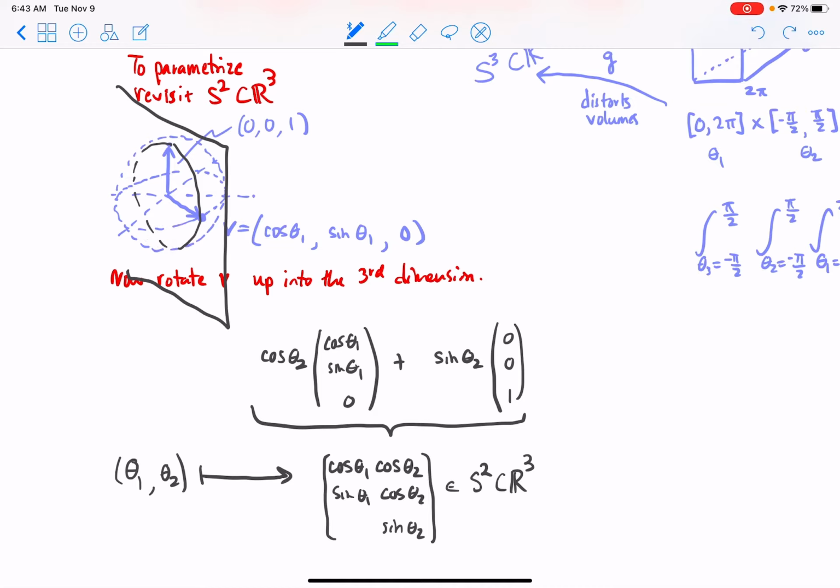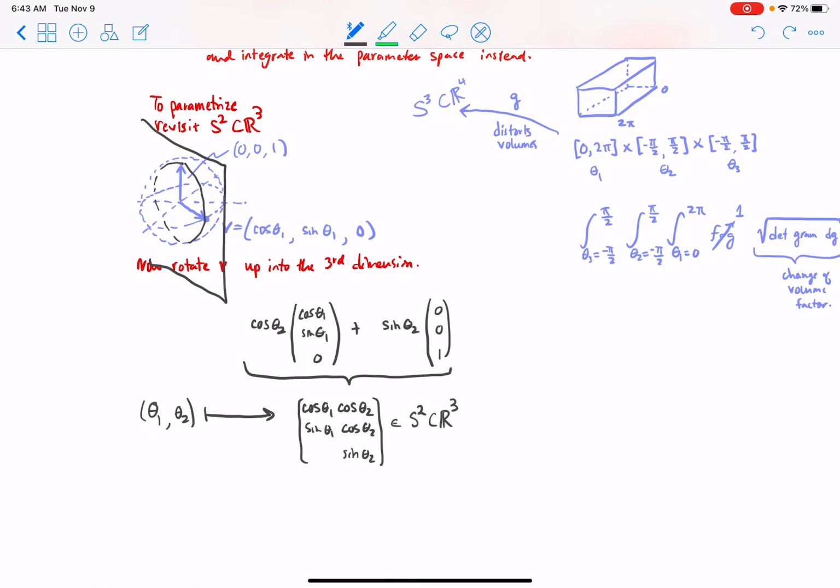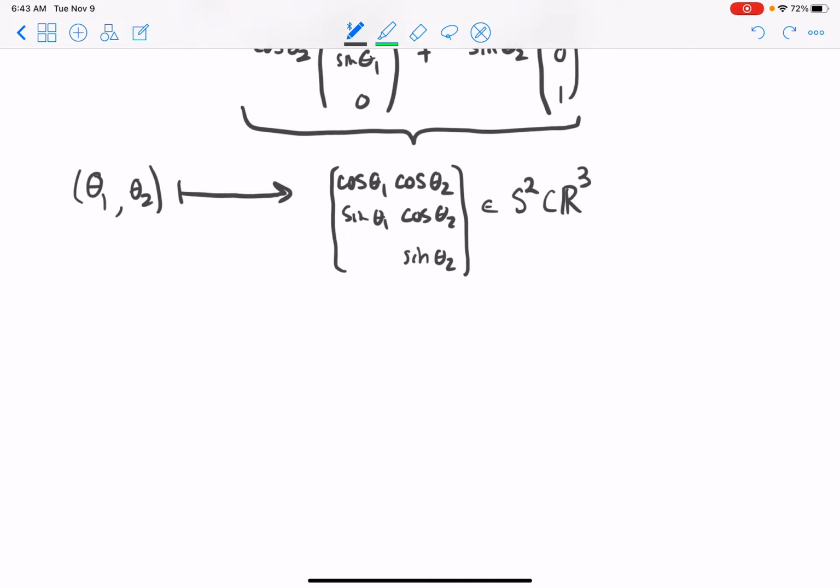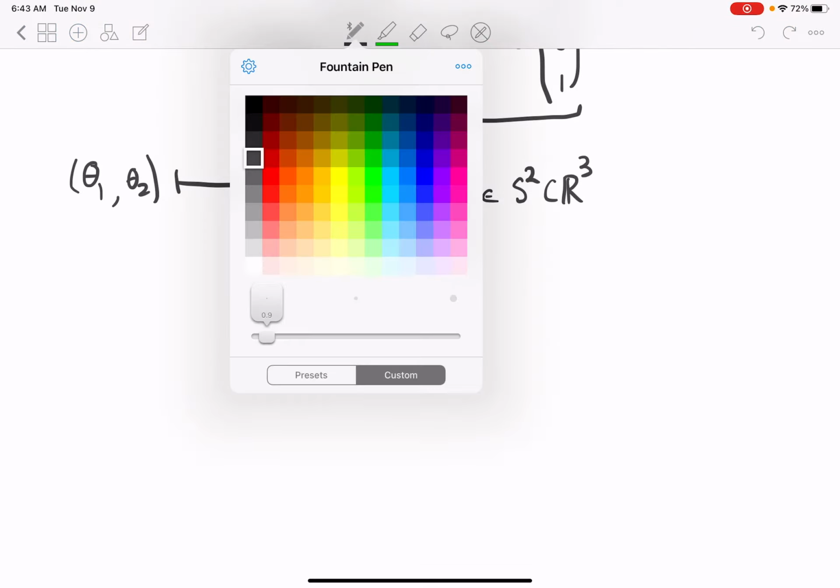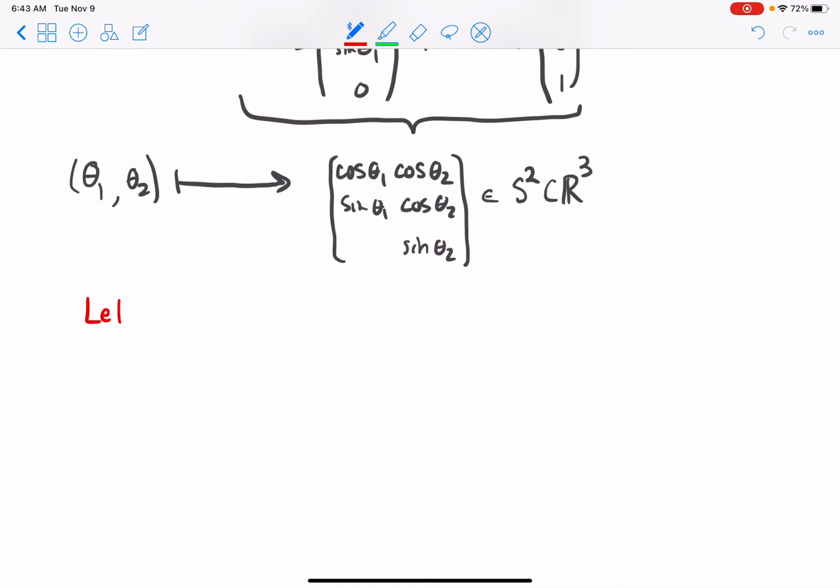Okay. But this then shows us how to repeat this. Now we just append, so now let V equal cos of theta 1, cos of theta 2, sine theta 1, cos of theta 2, sine of theta 2, 0.